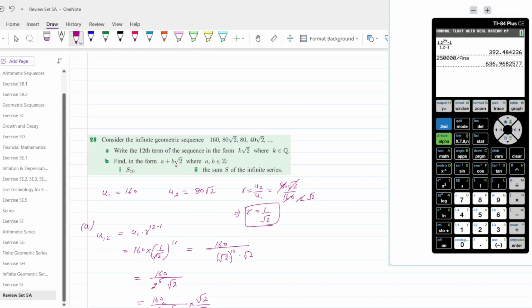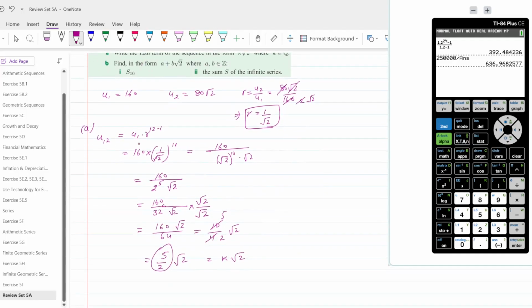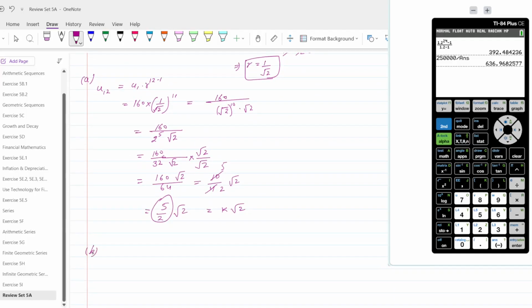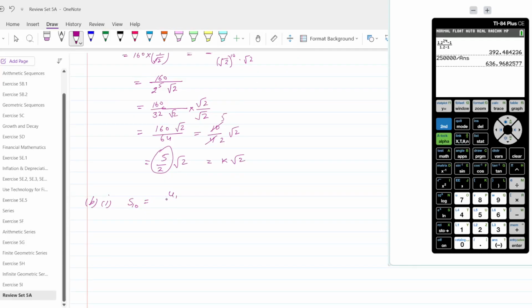Find in the form a plus b root 2, where a and b both are integers, S10. S10 is going to be u1 times 1 minus r raised to the power 10 divided by 1 minus r.